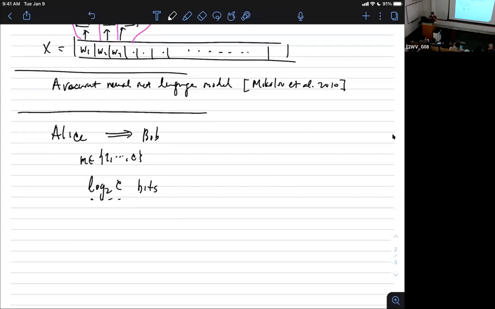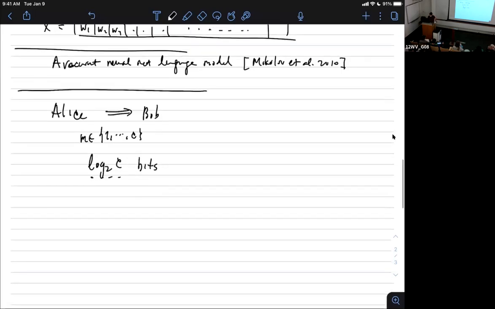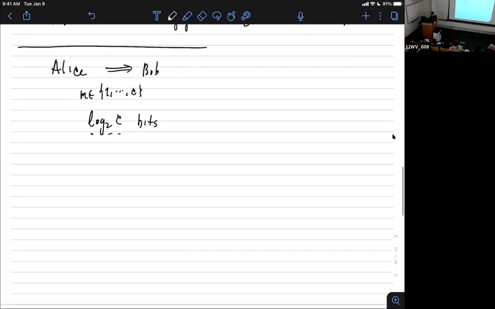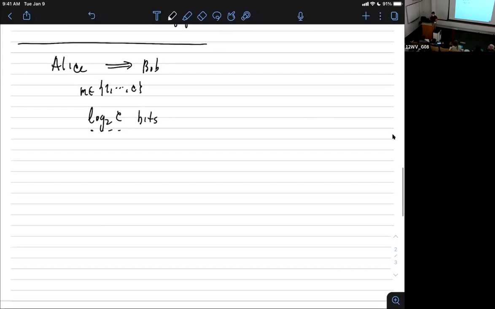If Bob does not know Alice at all, then we do need log 2 of C bits on expectation, or actually always, because the best way to encode is to use a binary encoding, that is, build a balanced binary tree. We start from the root, and say on this side 0, on this side 1. Then we go on for each of the binary nodes, 0, 1, all the way.